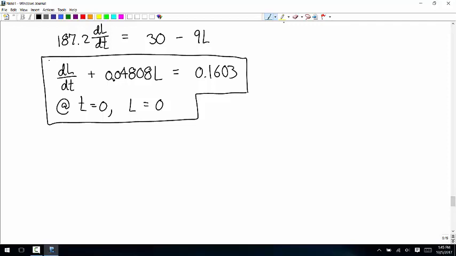So this is solvable, and I'll tell you the name of the type of differential equation this is, and then we'll stop for today and finish it next time. So this is a first order linear differential equation.